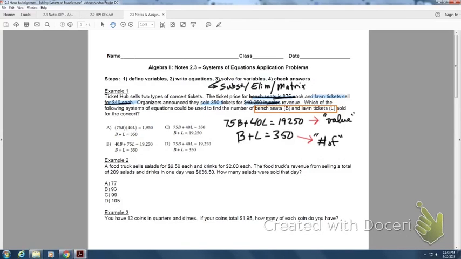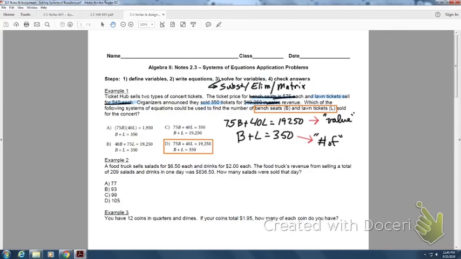The price, what they made off of all these, the value of all these was $19,250. Okay, so a lot of times you'll have those kind of equations, number of and value, for lack of better terms. And then you can obviously see that D is the system that we just wrote. Okay.